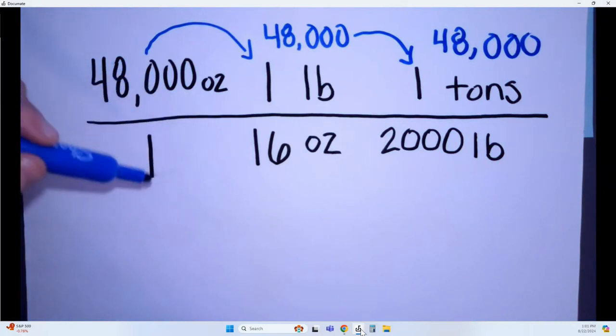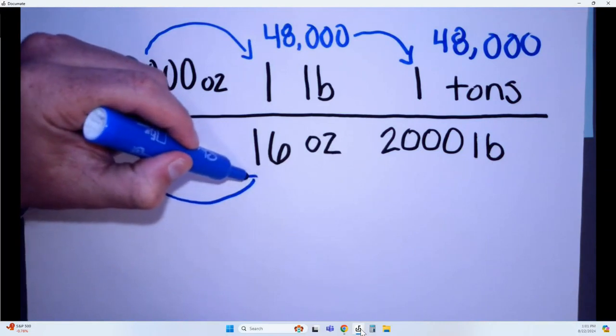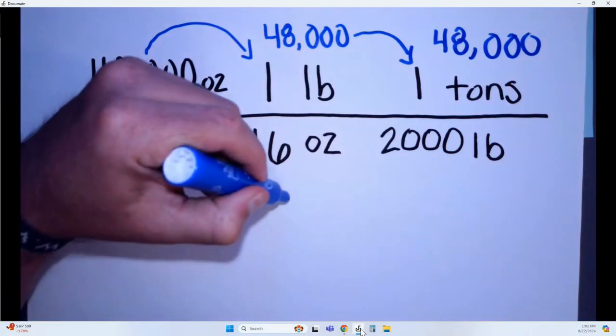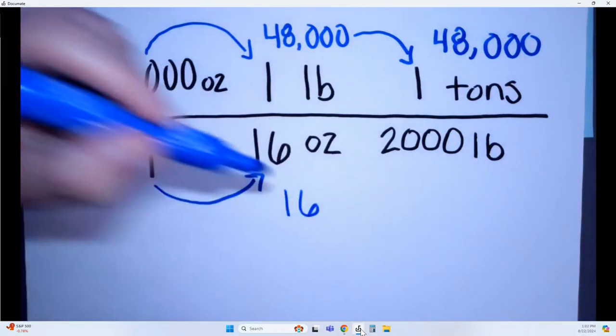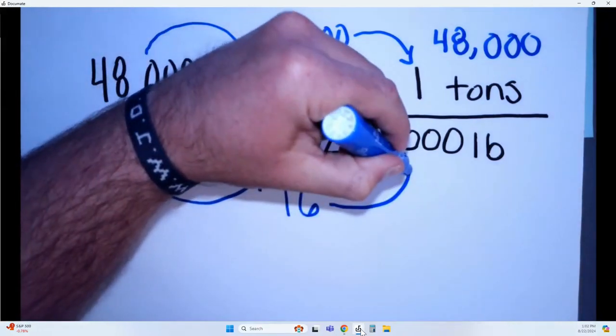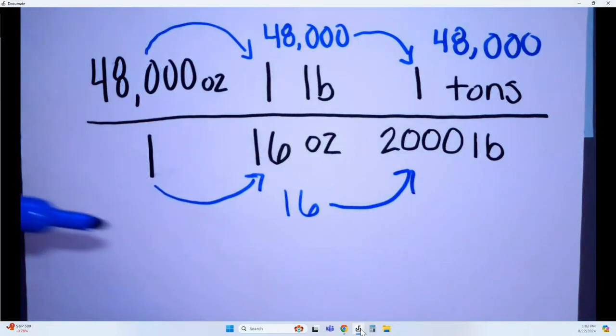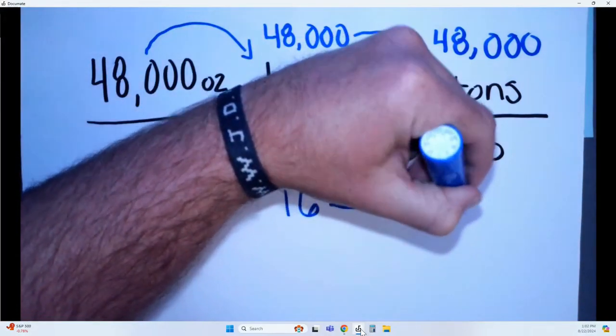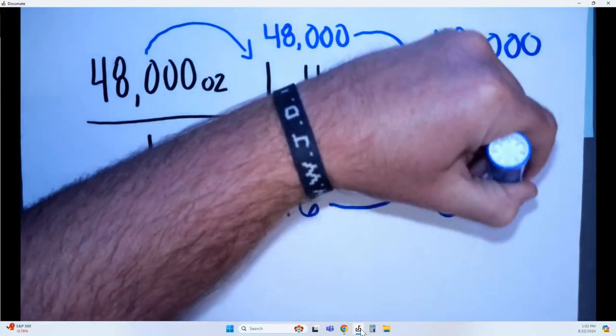And we have 1 times 16, which gives me 16. Now I'm going to do 16 times 2,000, which will give me 32,000.